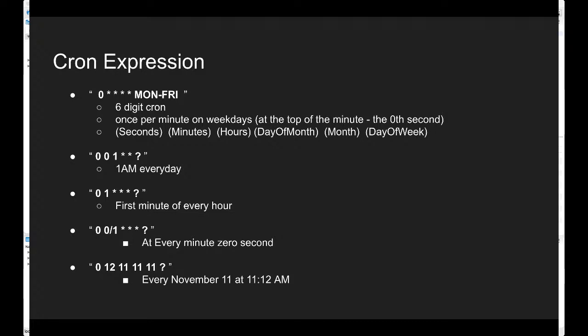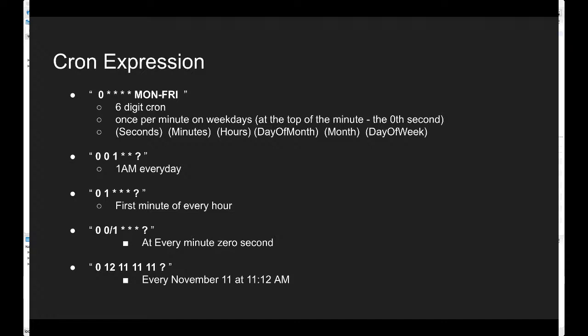And apart from that, in the cron expression we can use another term, which is basically a question mark. Question mark can be only used for day of the month or for day of the week. So for all others we can only use asterisk or 0 to 59 for minutes, and 0 to 24 for hours, and 0 to 11 for months. Okay, so this is a cron expression.